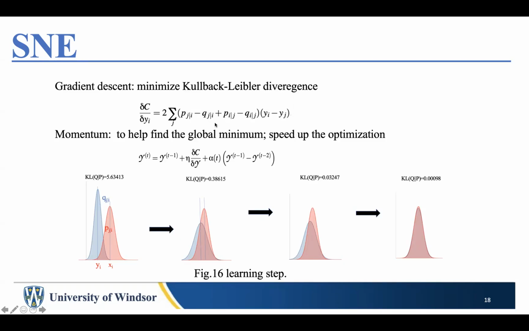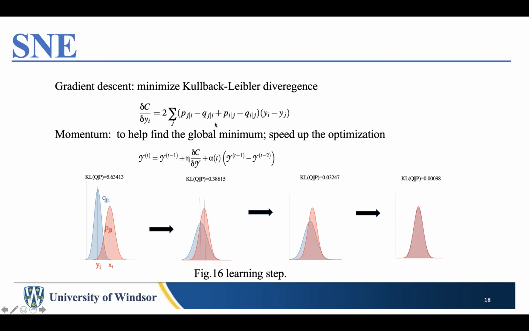t-SNE applies gradient descent to minimize the sum of the Kullback-Leibler divergences between the conditional probabilities in the low-dimensional space and the high-dimensional space. It is initialized randomly from an isotropic Gaussian with small variance, to help avoid stopping at poor local minima and find the global minimum. It uses a large momentum in the learning step.